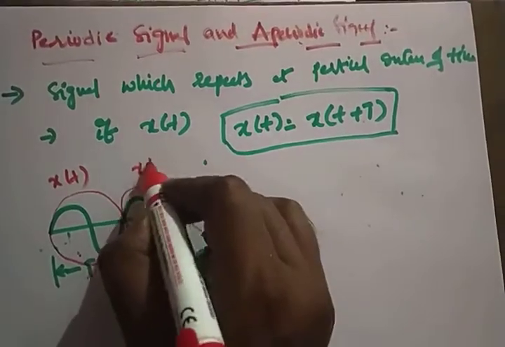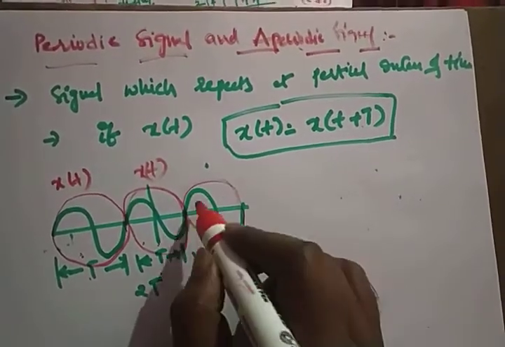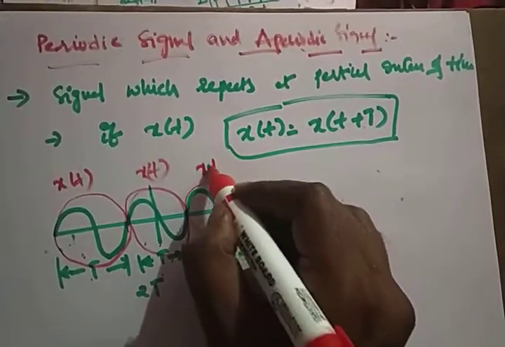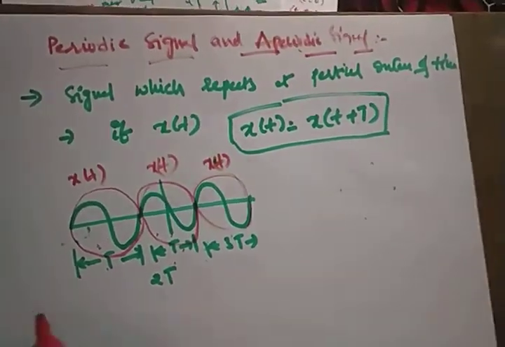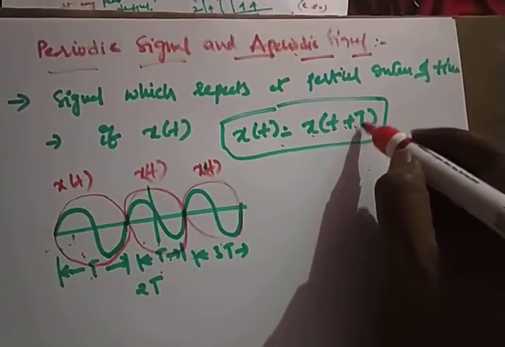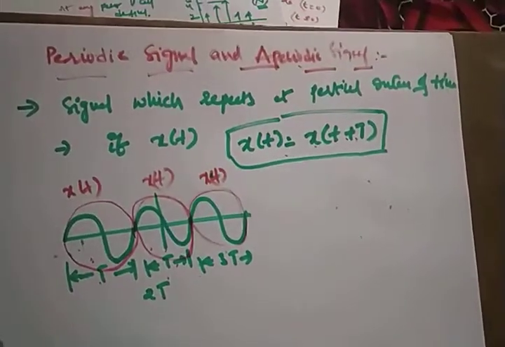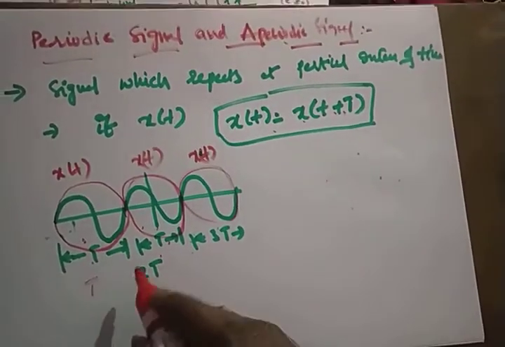So this is also x of t. Right, and t plus another T, you are getting the same signal again. That means this is the condition: x of t is equal to x of t plus T. T is nothing but the time period. Time period means the lowest value of time. This is T now. This is 2T now.